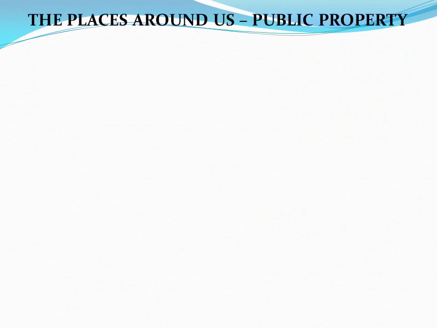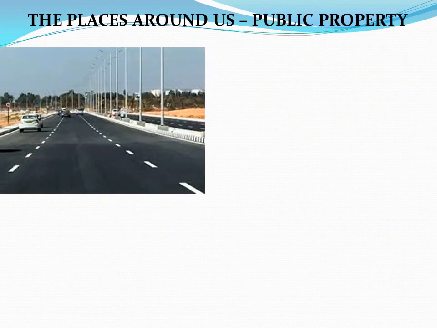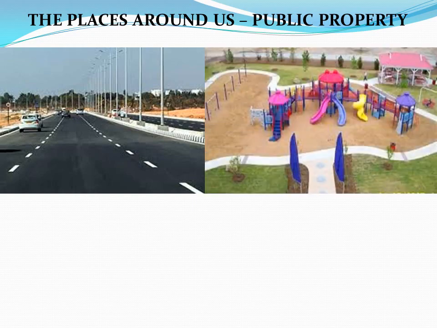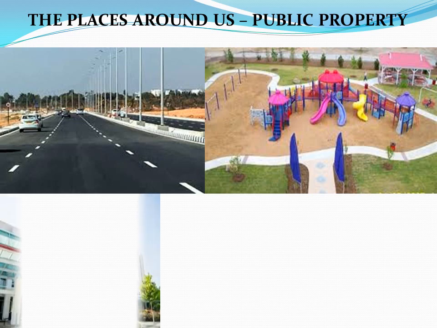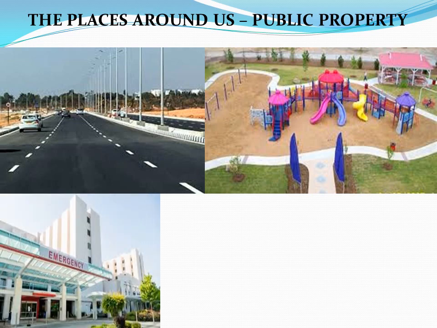The places around us, like roads, parks, hospitals, buses and trains, are owned by the government, but they belong to each one of us. So who is taking care of all these things? Buses, parks, roads, hospitals, markets, trains, all these are taken care of by the government, right? But all these things belong to us because we, the citizens of the country, are using them.